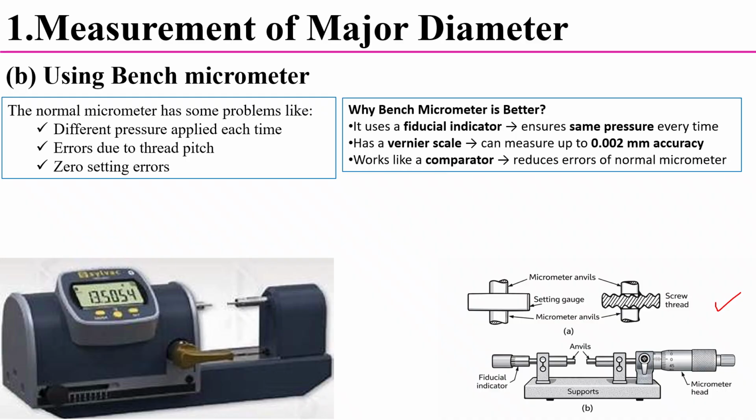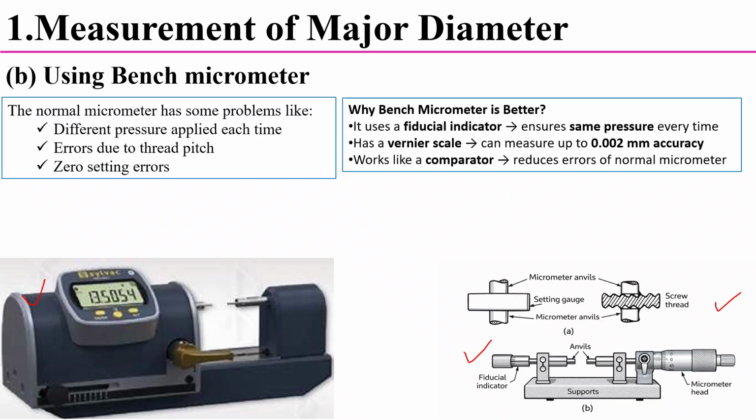To avoid these errors, we have to go for the bench micrometer. Now the question arises, why is the bench micrometer better? Here we are using the fiducial indicator, which ensures the same pressure every time. So with the help of the bench micrometer, we apply constant pressure for every measurement.